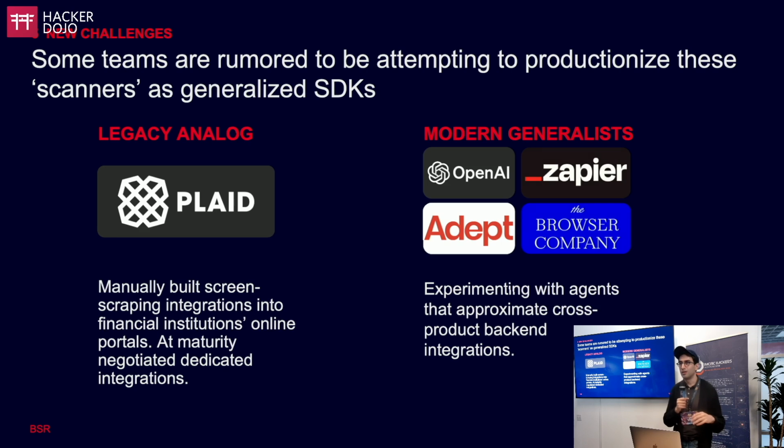So they would log in, simulate a browser event, navigate to the places within products where the checking account balance would be reported, pull that balance, put it back into a response payload, and send that back to the developers.